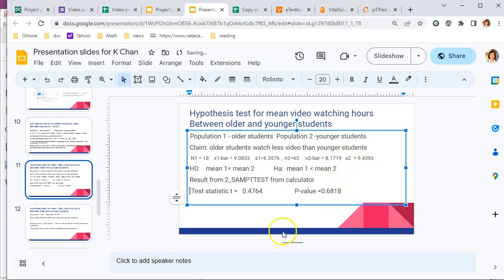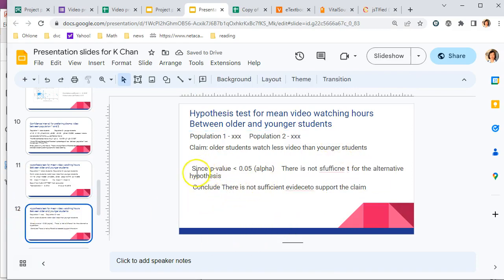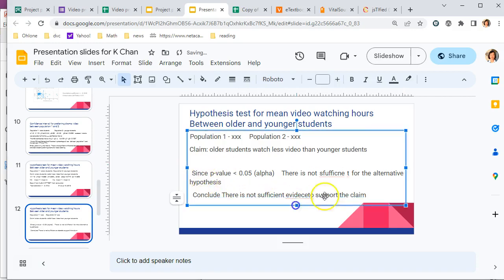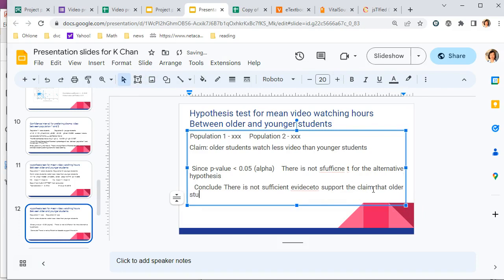Yeah, I think that's much better if you have 2 slides. And then we talk about the conclusion. There's not sufficient evidence to support the claim that older students watch fewer hours of videos than younger students.